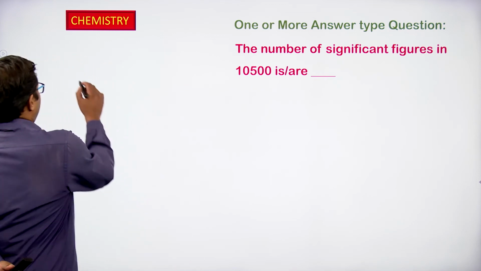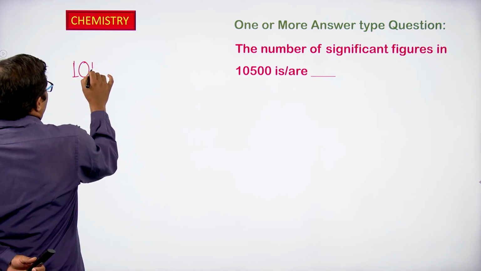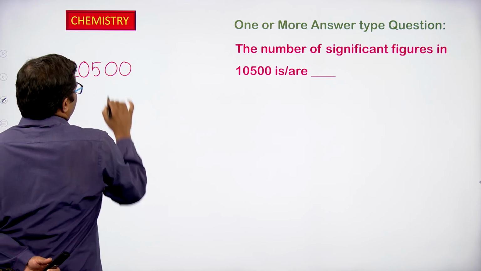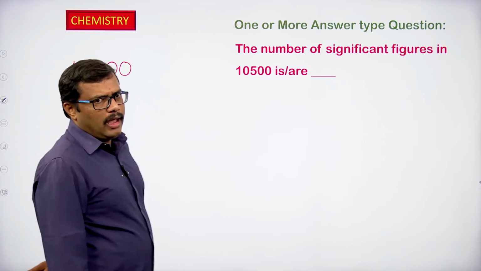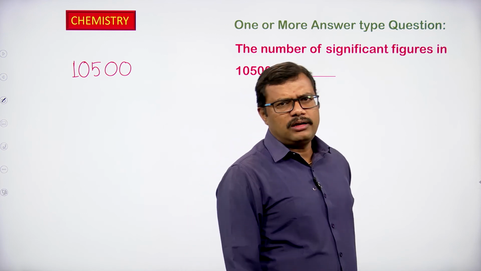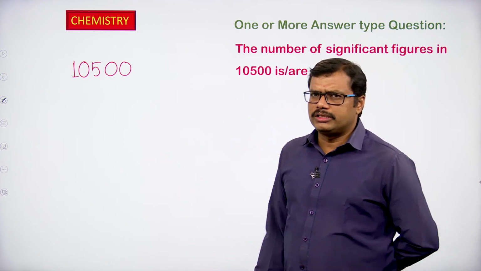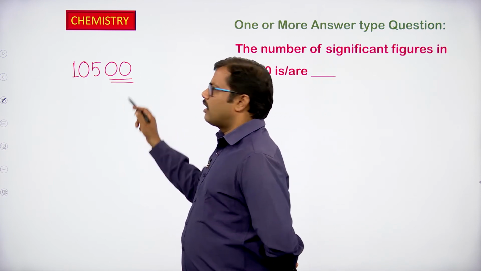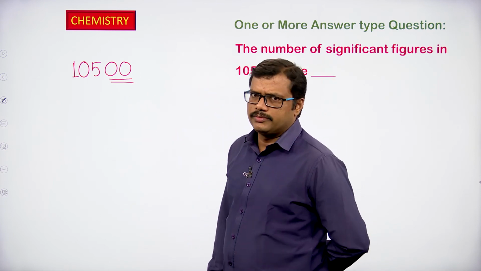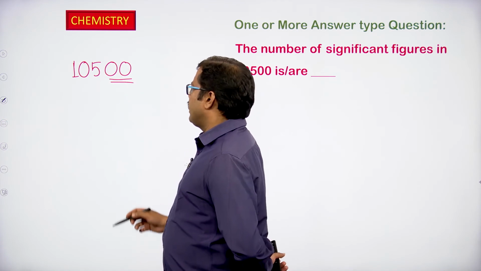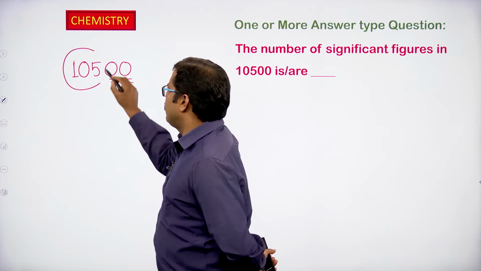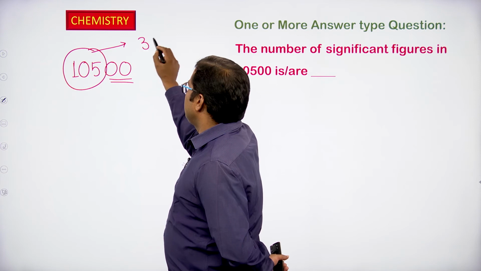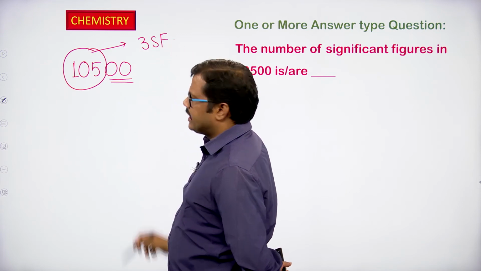Here it is 10500, and the zeros which are present on the right side of a non-zero digit, and if there is no decimal, in that case the zeros are not counted as significant figures. So, we can say only 105, these are the 3 significant figures that are present in this case.